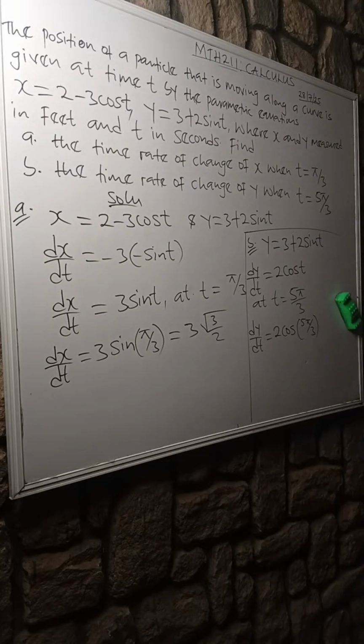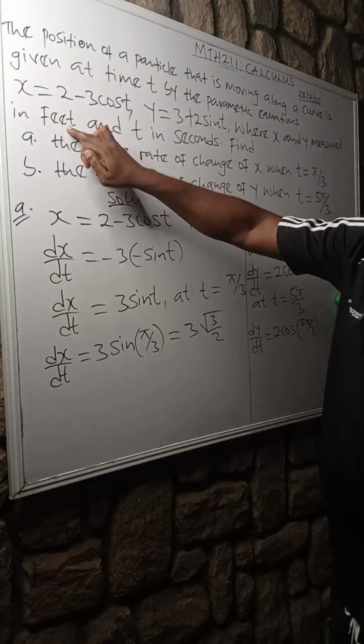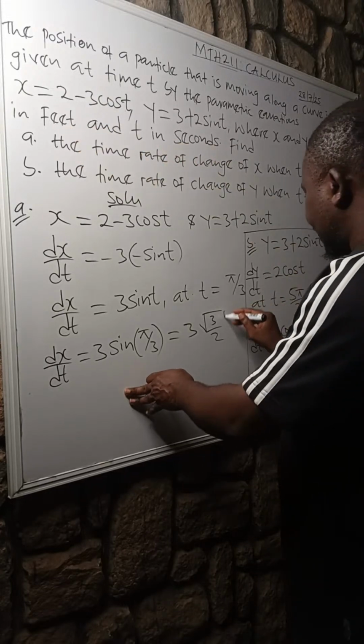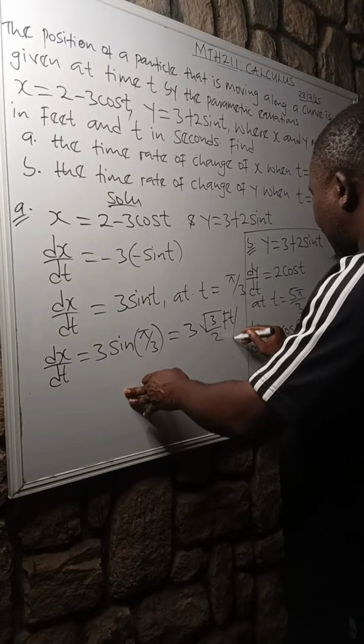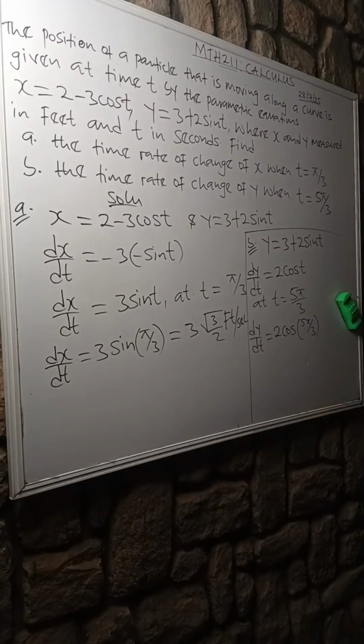So cos 5 pi all over 3. Yeah, we've not finished. Sorry about it. They said here that x and y are measured in feet, and t in seconds. So we are supposed to write feet per second. Do you understand? Take note.